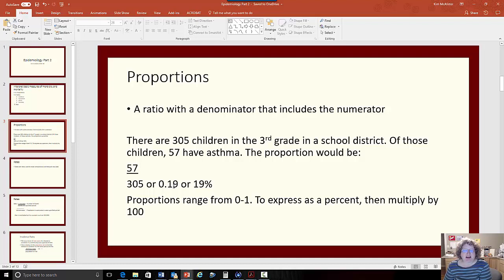Then you can multiply that by 100, and the proportion of children with asthma in the school district would be 19%. Proportions always range from 0 to 1, and you see our proportion here is 0.19. To express it in a percent, as we did here with the 19%, you would multiply by 100. The percentages make it easier for people to wrap their head around it.